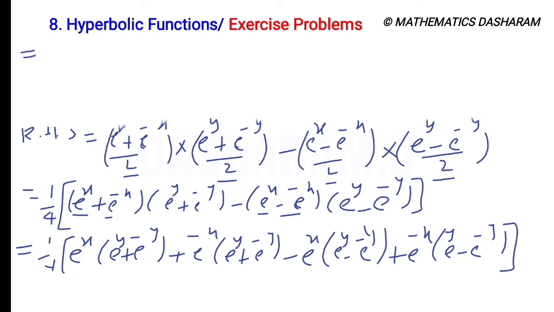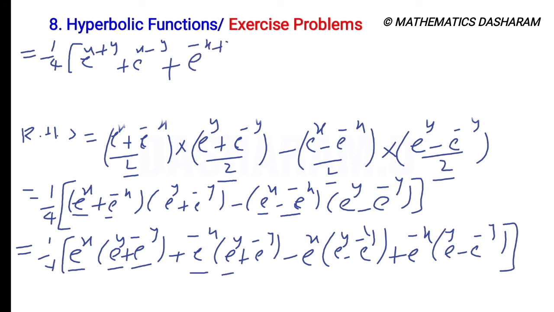So it is equal to 1 by 4 into: e^x into e^y is e^(x+y). Next e^(x-y), plus e^(-x) into e^y, e^(-x+y). Next, e^(-x) into e^(-y) is e^(-x-y). Next, minus e^(x+y).